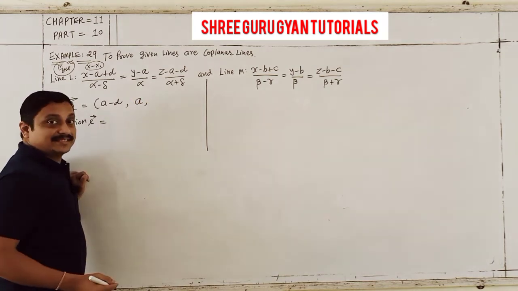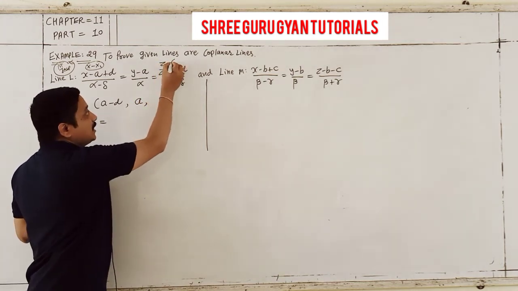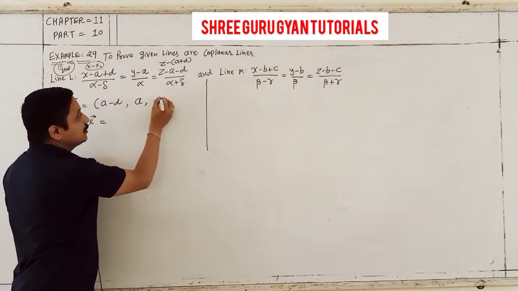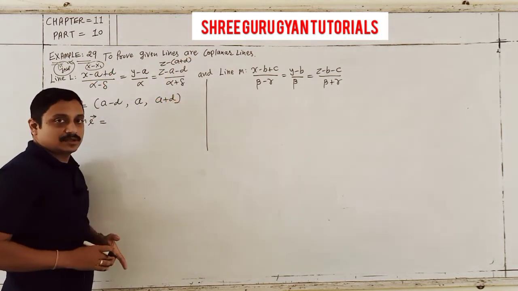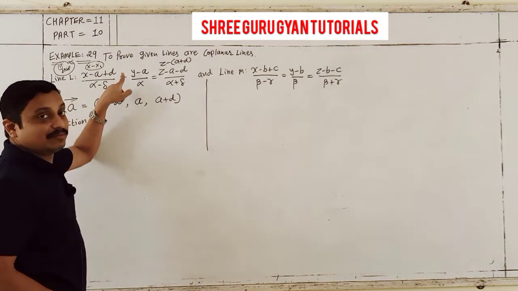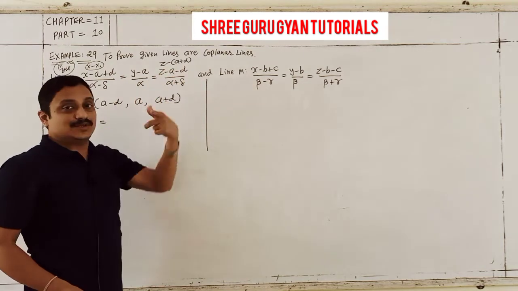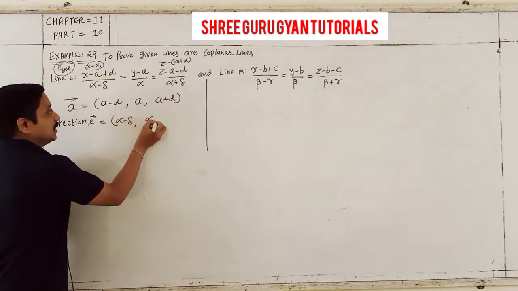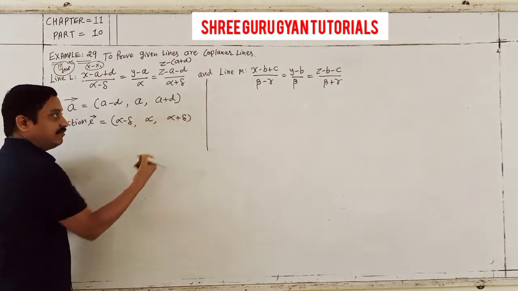And z minus z1, taking minus common, it becomes A plus D. That's your third position value. The formula is x minus x1, y minus y1 and z minus z1, so A plus D, and the directions are alpha minus delta, alpha and alpha plus delta.